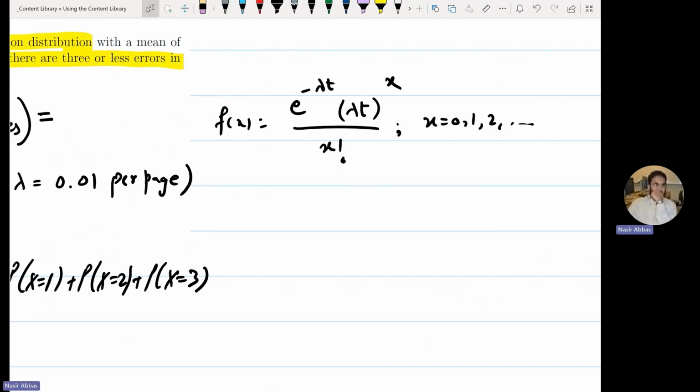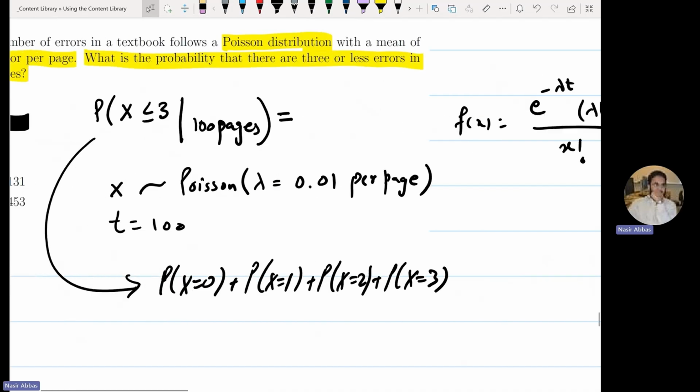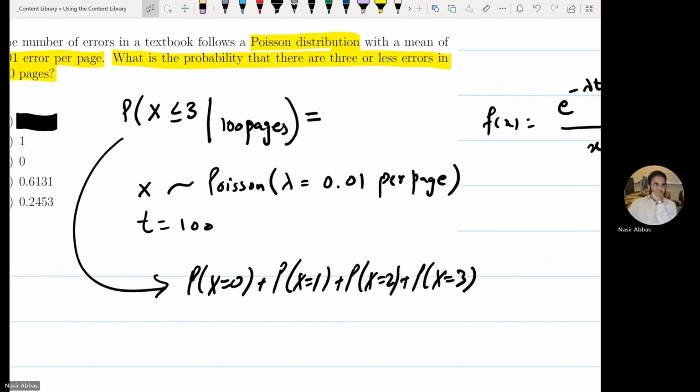The question is less than or equal to 3. I can make it bigger than 3, but I will not be able to solve it because there is no upper bound of the Poisson. So for Poisson distribution, even if the question is bigger than, you must convert to less than, because there is no upper bound. You cannot add probabilities all the way up to infinity. Must bring it to less than.